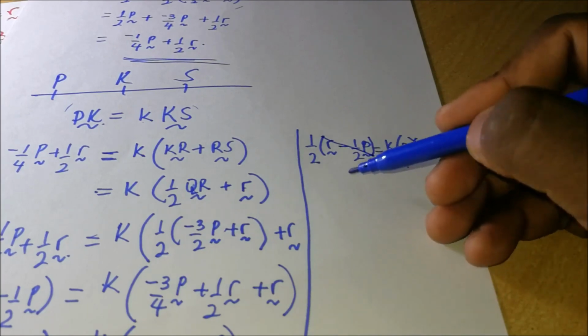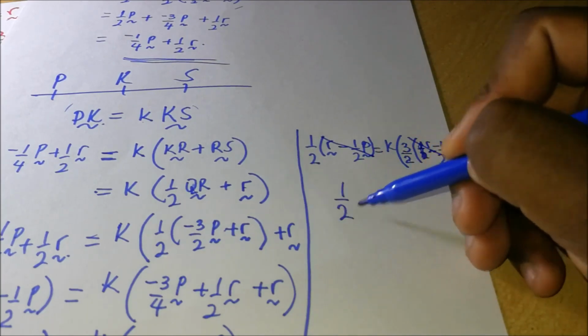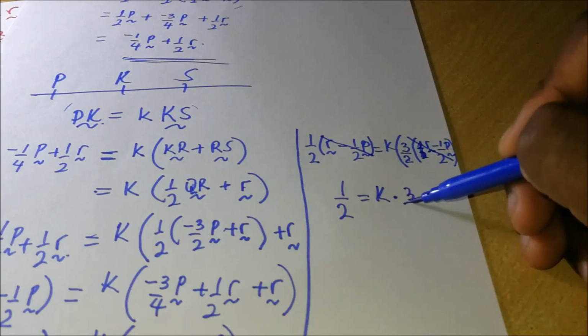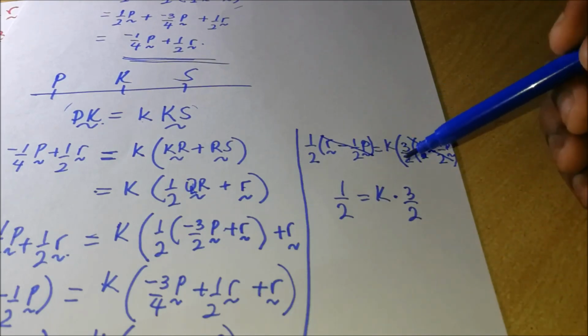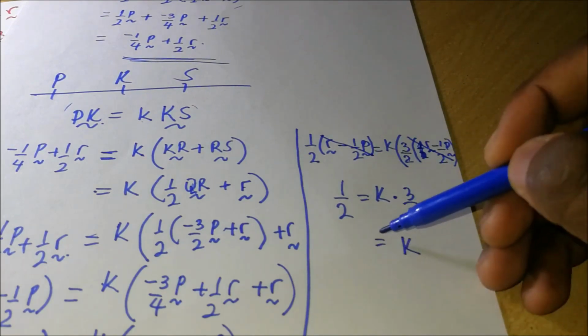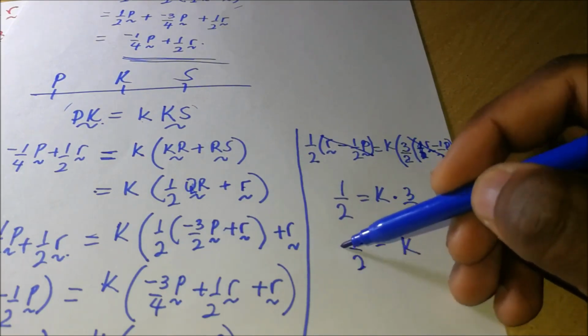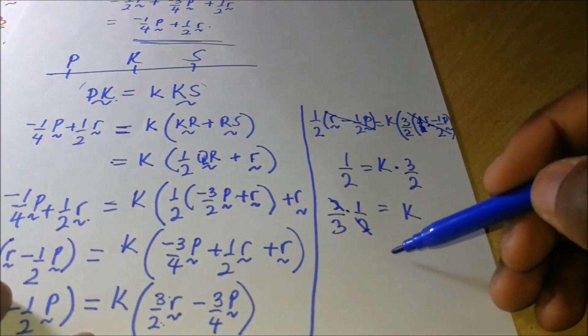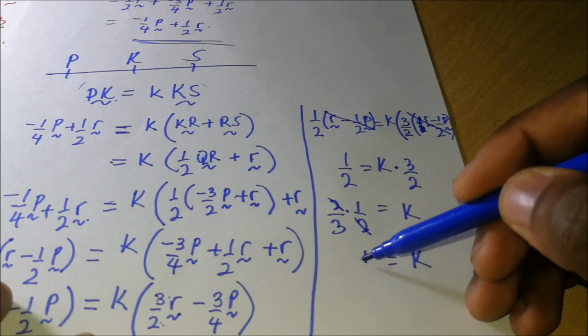So here what we remain with is a half is equal to k times 3 over 2. And our value of k here will be equal to a half times 2/3. Our value of k here is 1 over 3.